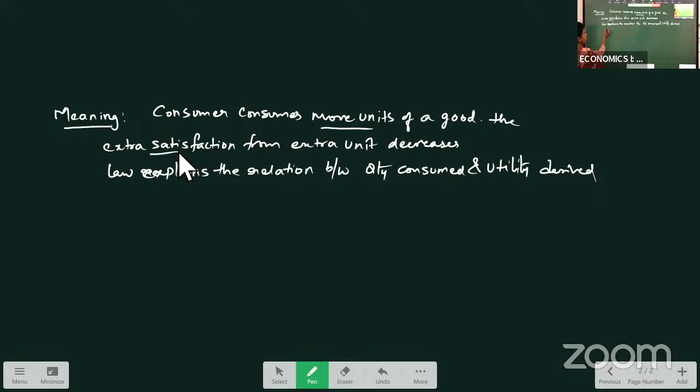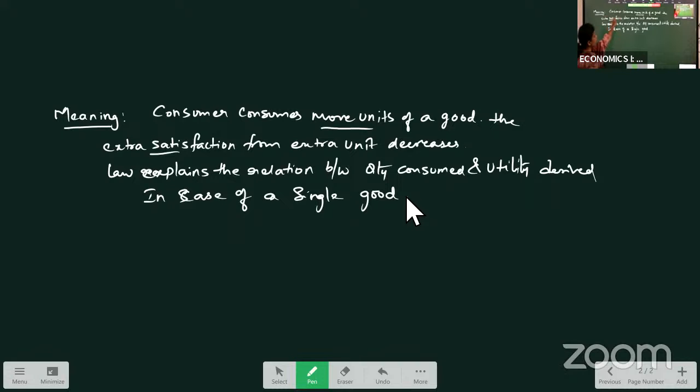And this law is explained in the case of a single good only, because it is a basic law. First, we are taking only one commodity and consuming it, and we explain how much satisfaction we are getting. These points you will write for the meaning. Is it clear, everyone?